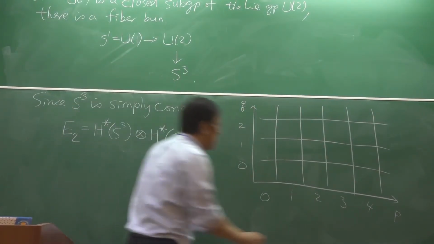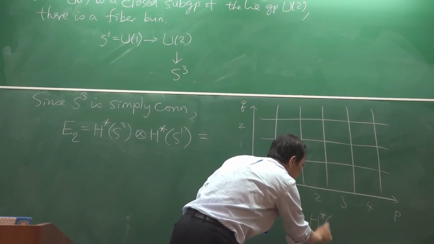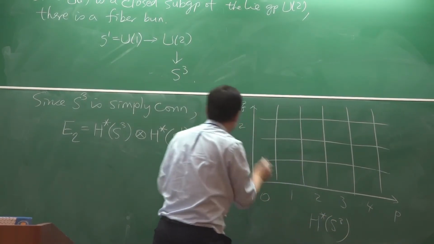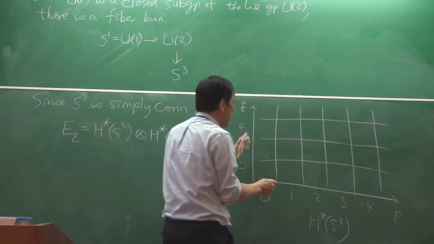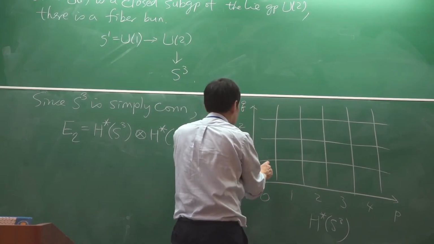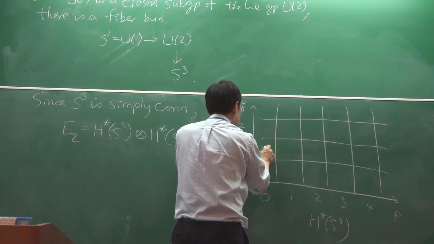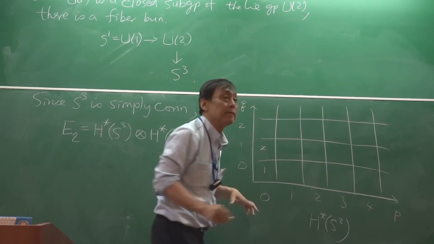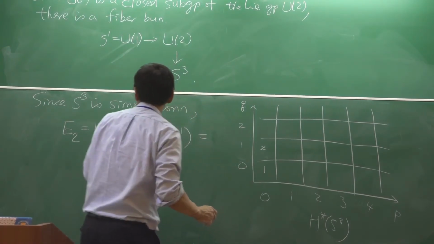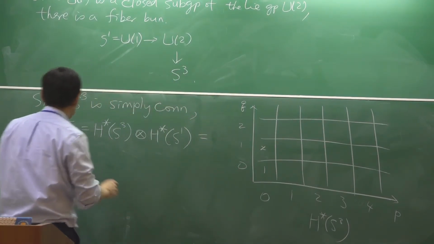Okay, the cohomology of the base is here, and the cohomology of the fiber is here. So the cohomology of S1 has a generator x. I'm now using integer coefficients.